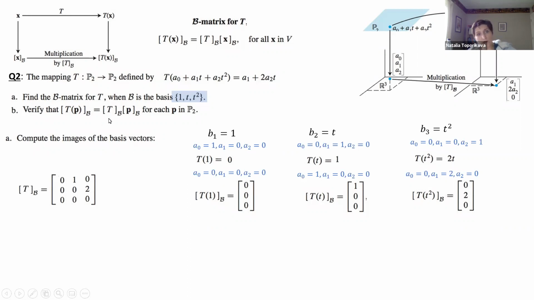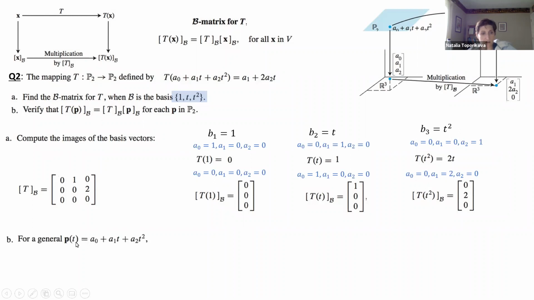However, we are also asked to confirm that the matrix we found is actually correct. We will know that it's correct if we multiply this matrix by some given general vector P in the coordinates B, and we get the image of this vector in components B. Let's do exactly that.